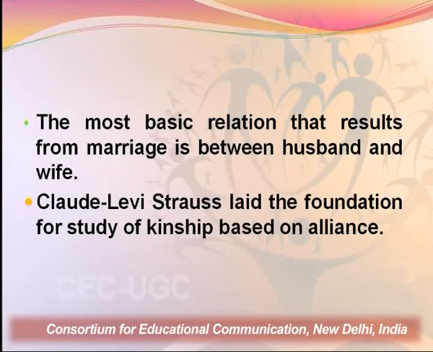For Lévi-Strauss, alliance becomes the basic principle, and to explain why an alliance is required, he goes into the whole notion of incest, which he explains is a biological relation between members of an elementary family.